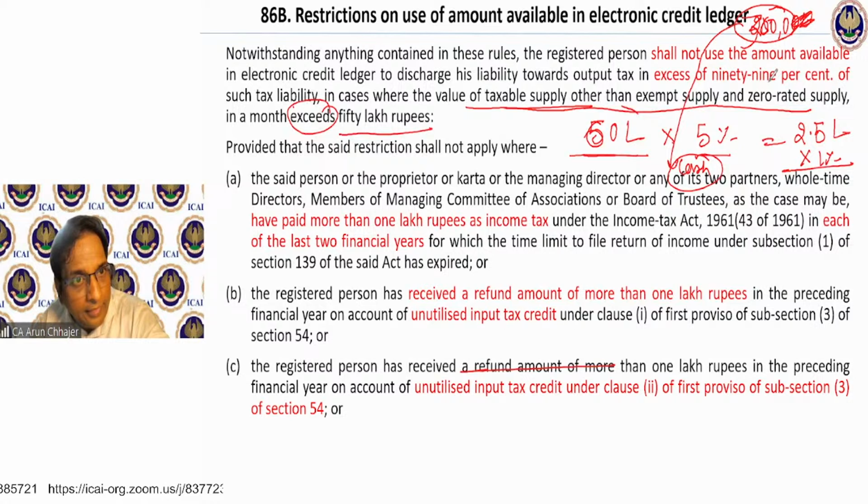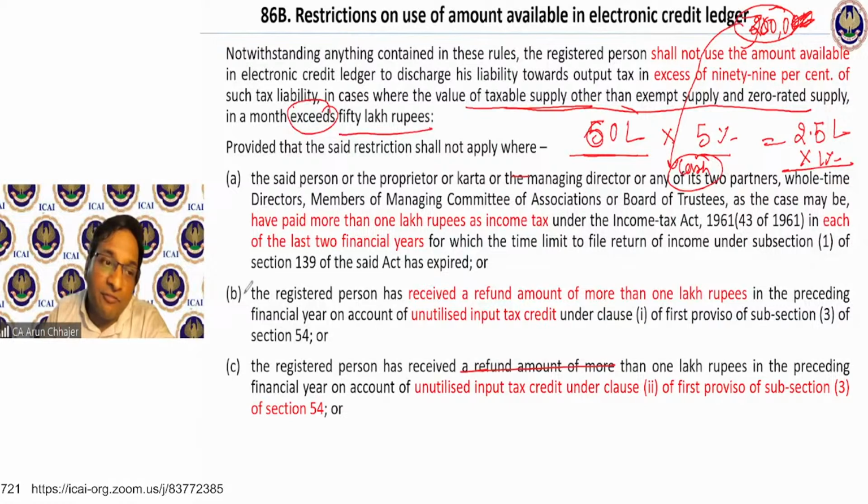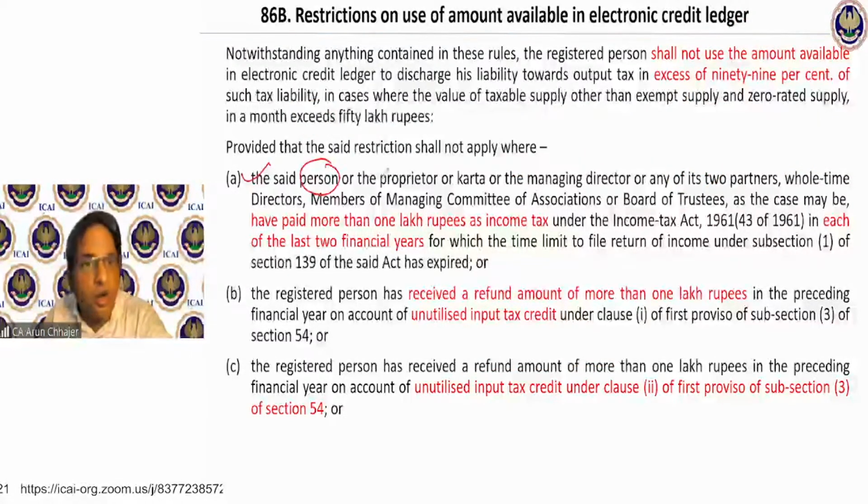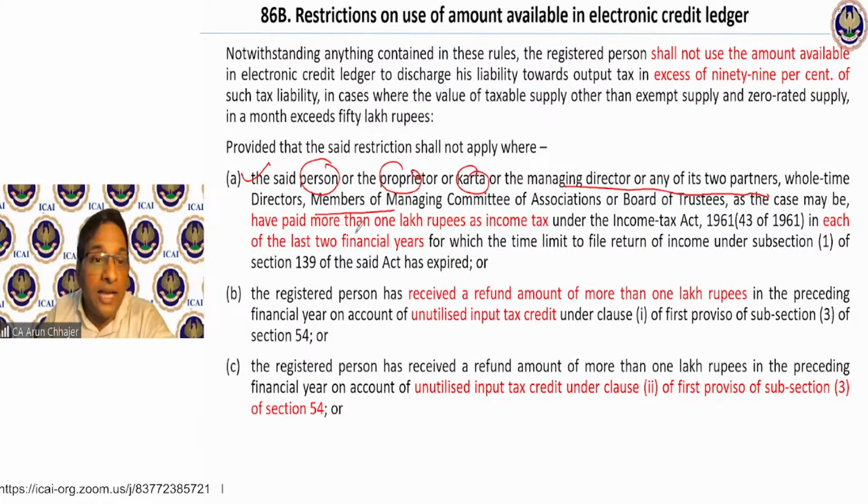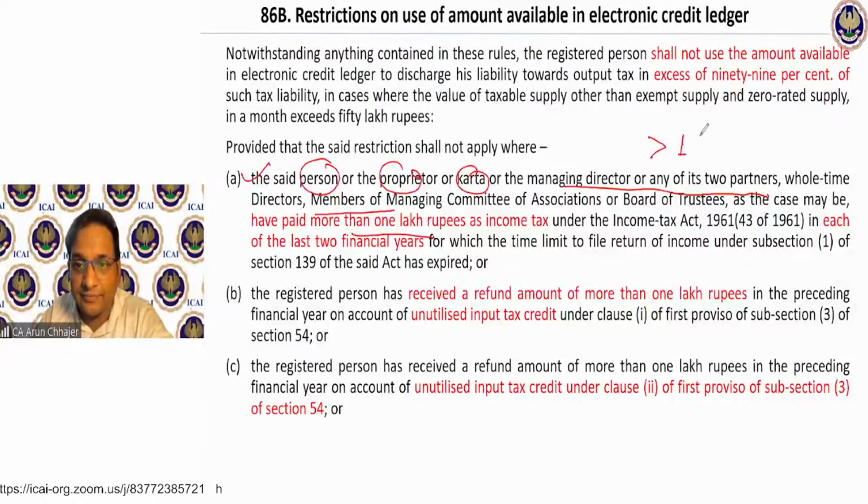So 86B says that 1% has to be paid in cash, but there are 5 exceptions. If that person, or proprietor or karta or MD or any two of its partners, full-time director, member, etc., paid more than 1 lakh as income tax in each of the last 2 financial years. And which financial year is to be considered?